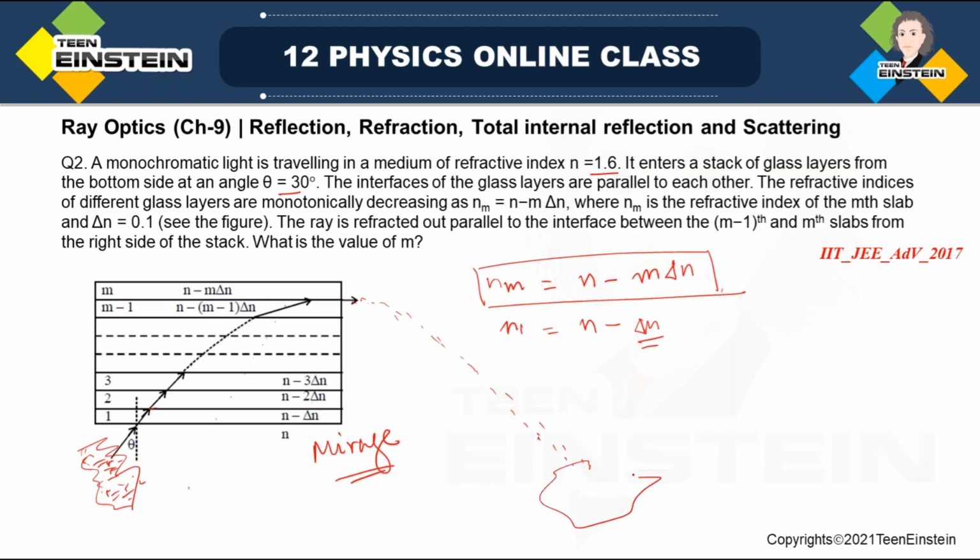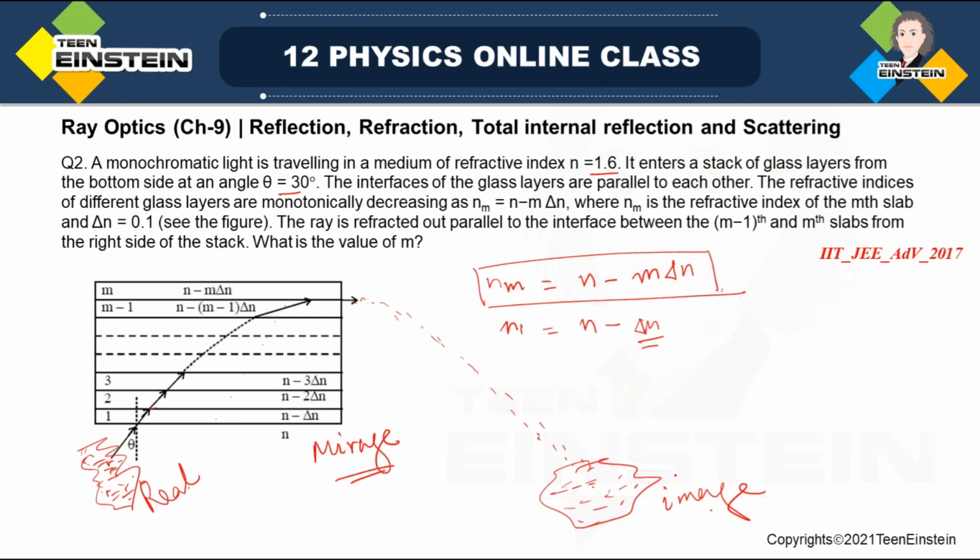Then at this place you look at the water, the image of the water. This is the real one and this is the image. So a person who is walking in the desert will see this particular image.